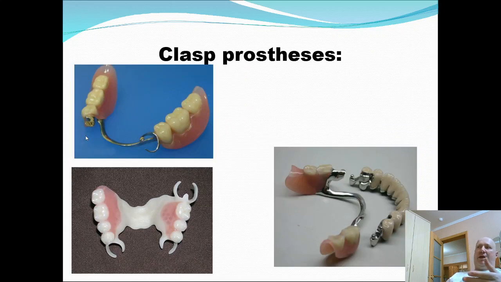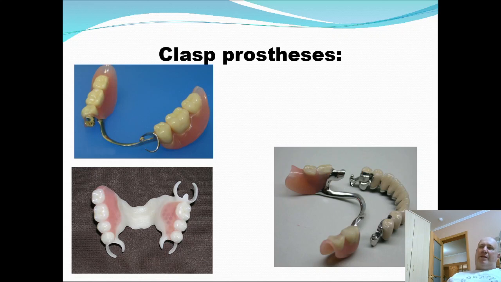Clasp prosthesis. This is a clasp prosthesis. This is not a clasp prosthesis. This is the wrong photo. This is an attachment. This is a very precious and very highly expensive method. But if there is not enough space for implantation in these parts of the jaw, for example, especially in the lower jaw, or in the lateral regions of the maxilla, you can use this one.